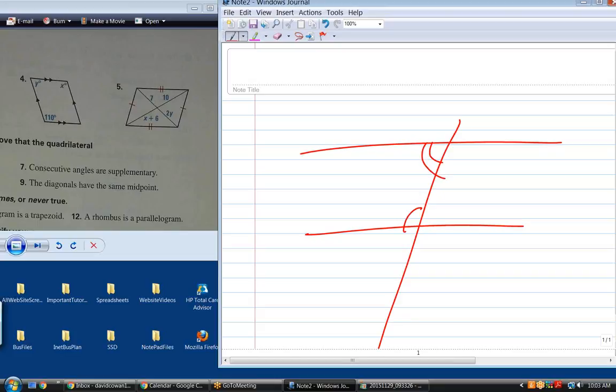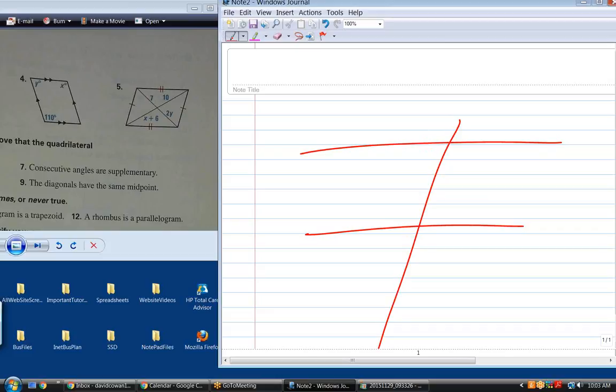They're corresponding. Well, they're not really corresponding. Corresponding would be this one. In other words, this one and this one would be equal and corresponding. So if they're not equal, what are they? When you're dealing with parallel lines, there's only one other thing.